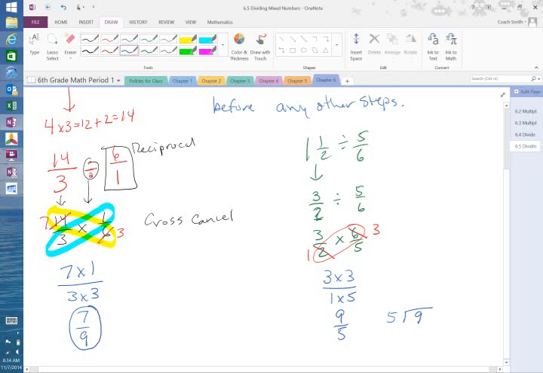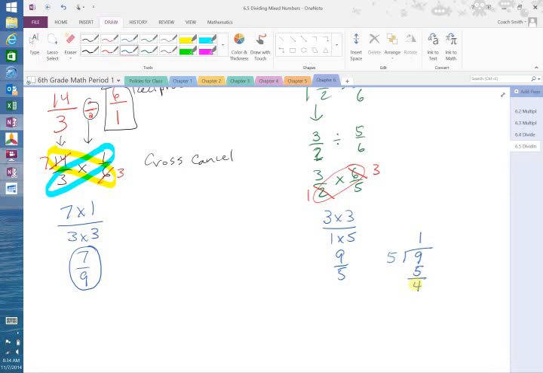We can divide 5 into 9 one time, which is 5, remainder 4. Take that remainder 4 and put it over the 5 for 1 4/5. Remember, this is your cross cancel.